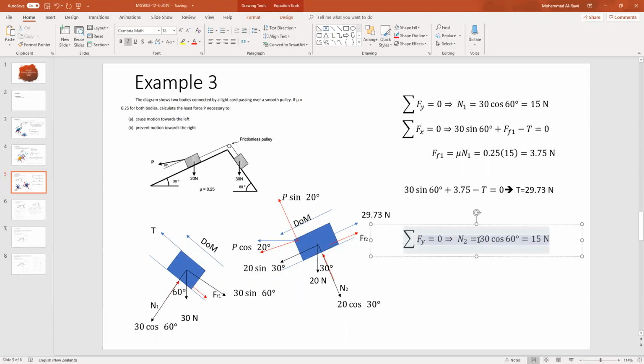What do we have? We have 20 cosine 30 and you have negative P sine 20 degrees.